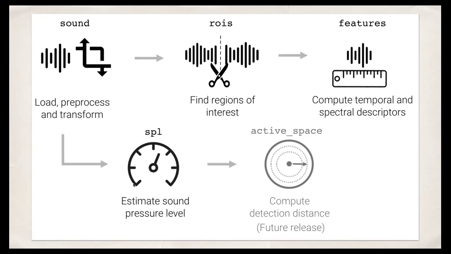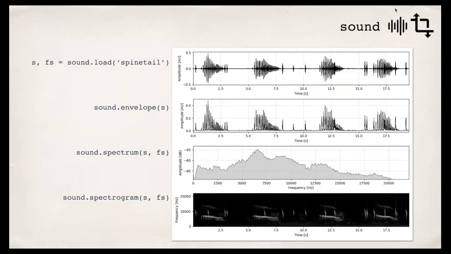We also have these modules that let you link the audio recording to physical acoustic properties of the environment. That is to estimate the sound pressure level and also compute the detection distance. This active space module is being released during this month and next month.